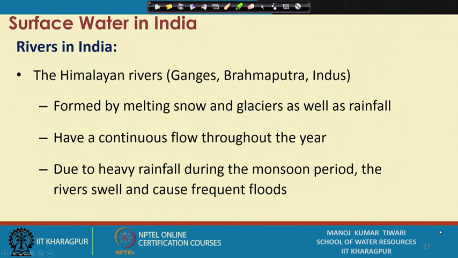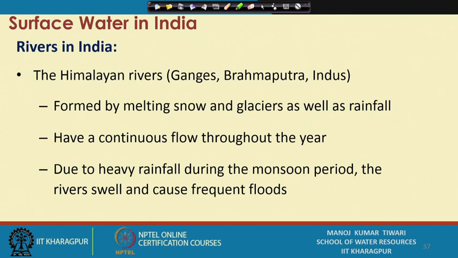So, if you see these river basins, the Himalayan rivers, which primarily include Ganga, Brahmaputra, Indus, are basically formed by melting snow and glaciers. That is the basic source of water in these rivers, whereas in between their path they are fed by rainfall as well.